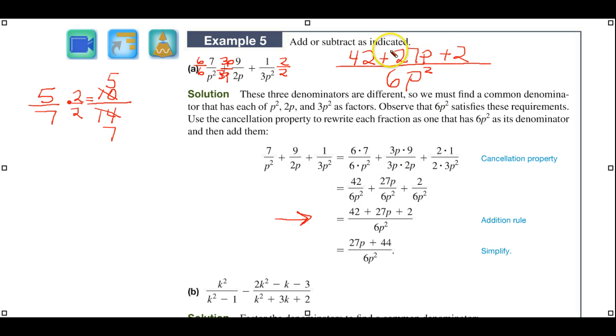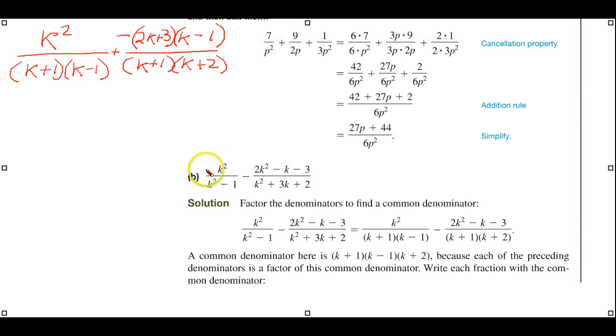And now we see we have like terms on top, so that becomes a 44. Now notice, if this were 28, we could factor out a 2, but it's not. Now in example 2, these get to be quite tedious, but I've factored my denominator because I want to find out what is my common denominator.